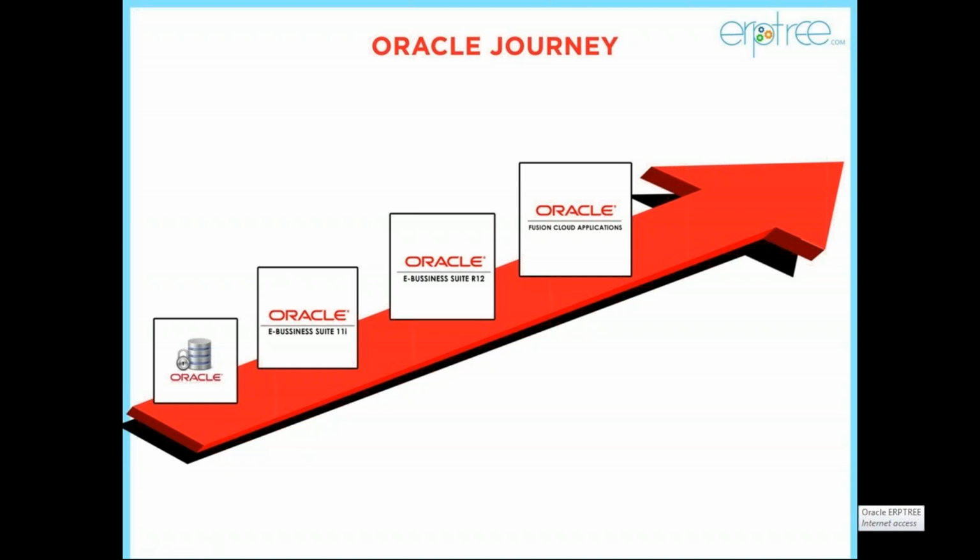Again, it got a good response from the market. After that, they did some enhancements to the same product and introduced the version called e-business suite release 12, R12. So e-business suite 11i or R12, these products are owned by Oracle.